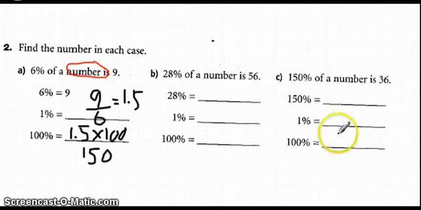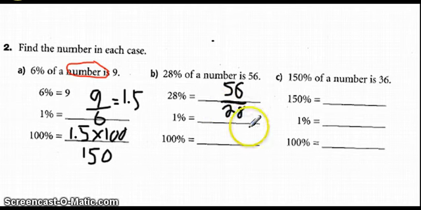Okay, so for this example here, like I said, let's write out our knowns. We know that 56 is equal to, this is divided by 28.